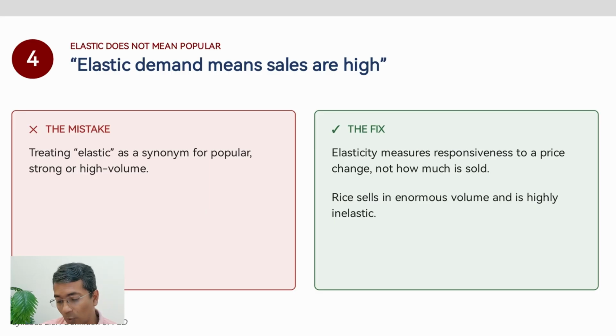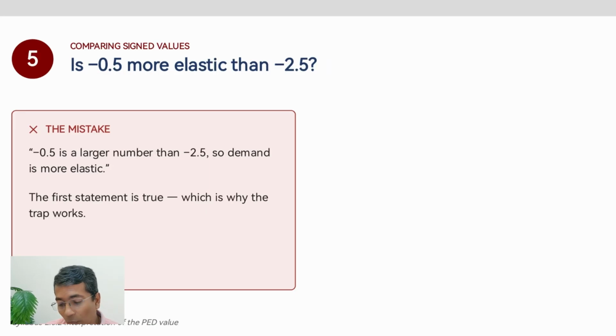Let's look at the next one now. This is very interesting, and this could be a huge problem. As you can read here, minus 0.5 is more elastic than minus 0.25. Now that's where the confusion could be, because mathematically speaking, pure mathematically speaking, minus 0.5 is a smaller number than minus 0.25. But remember one thing, that the minus sign is always there when you are calculating PED.